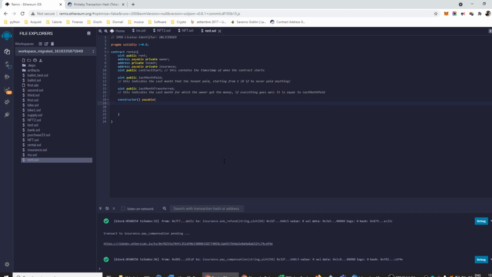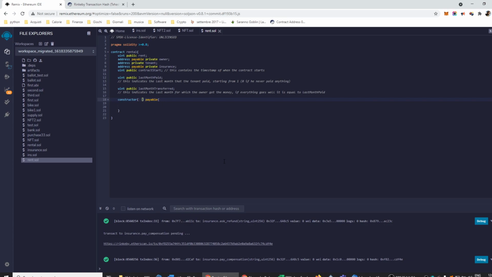So first of all, require message value. Sorry, I must specify here uint underscore rent, because we have to specify the rent, the owner. So let's delete this one and do it slowly.